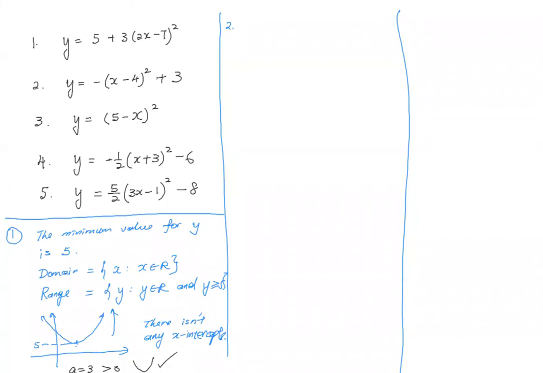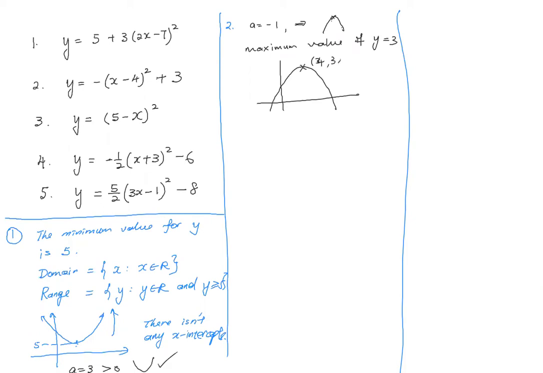So A is -1. So the shape of the curve is like that. And we know that maximum value of y is 3. So the graph and here is 4, 3.